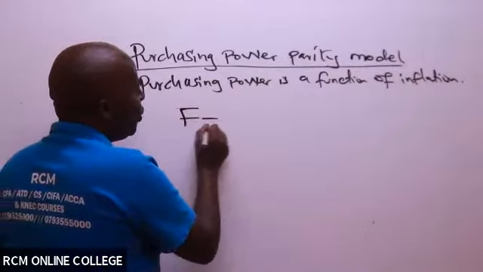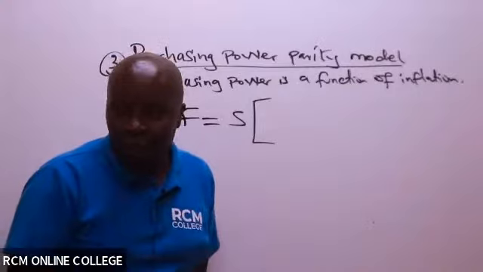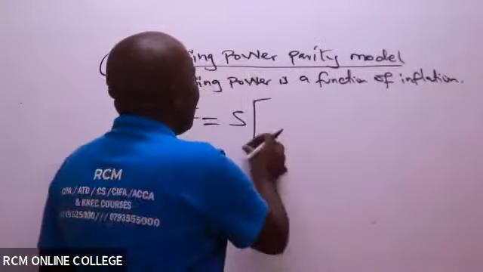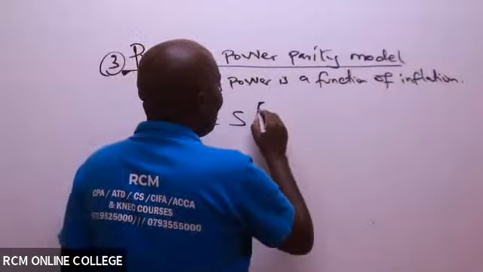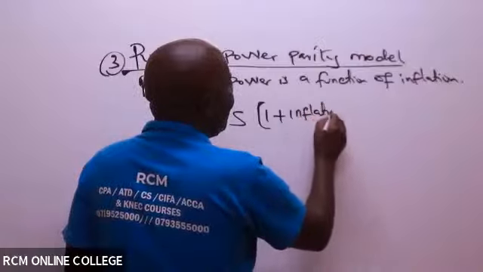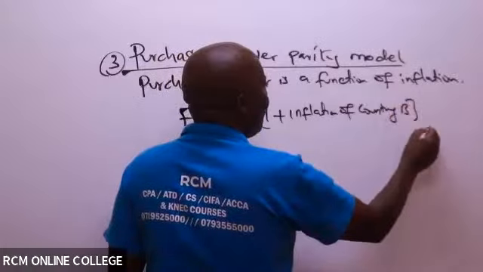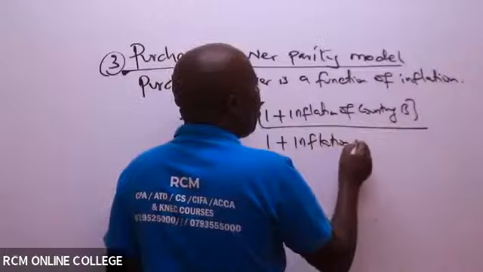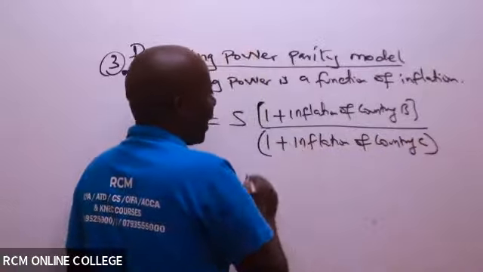So the forward exchange rate will be equal to the spot exchange rate into 1 plus inflation of country B over 1 plus inflation of country C, like that.